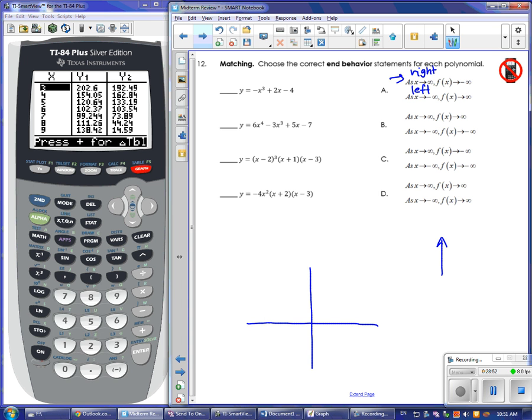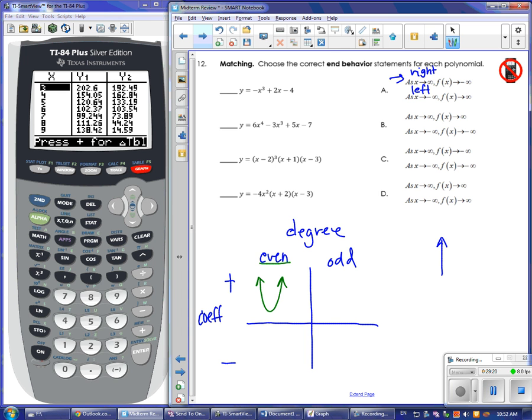Let me just do a quick summary of these things. If we look at the degree, it's either going to be even or odd. And then we also have our leading coefficient, which is either going to be positive or negative. If we're dealing with an even degree that has a positive leading coefficient, from far away both ends are going to be increasing.